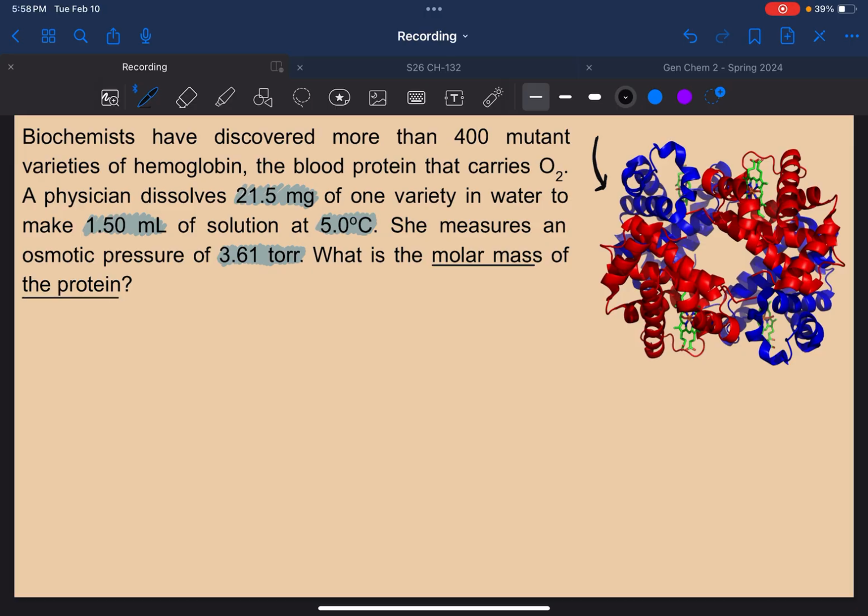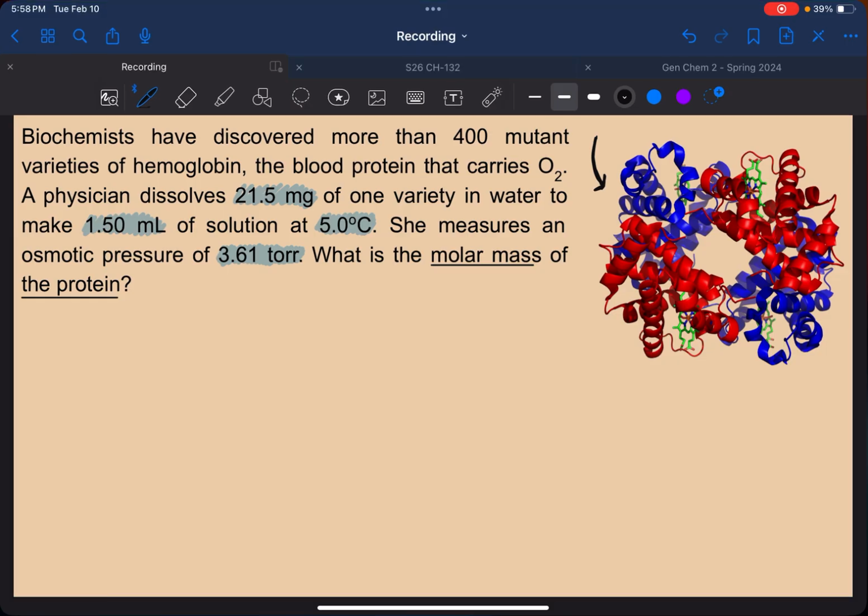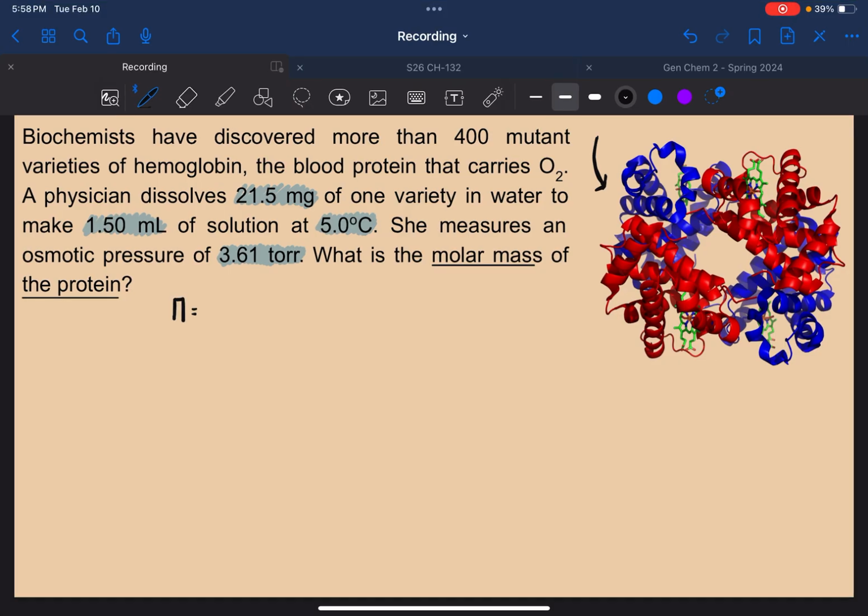So we need to remember to use the formula for osmotic pressure. Capital Pi for osmotic pressure equals MRT. And there will be some conversions here that we really have to consider.